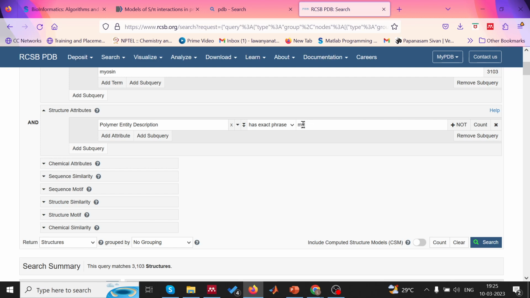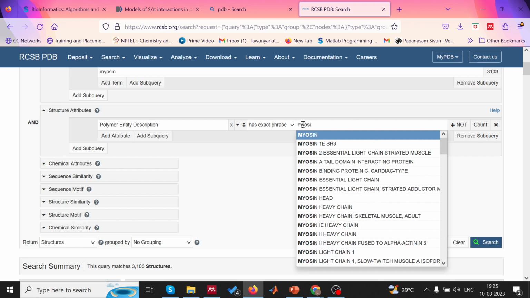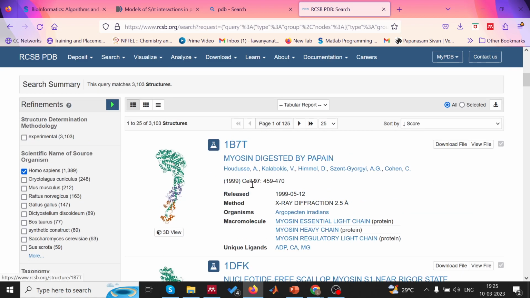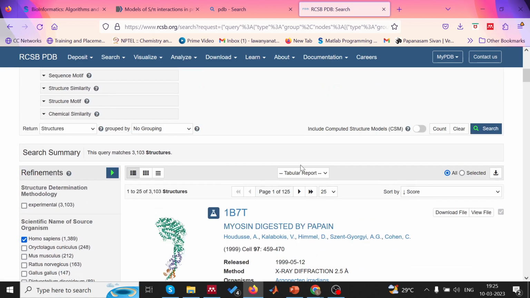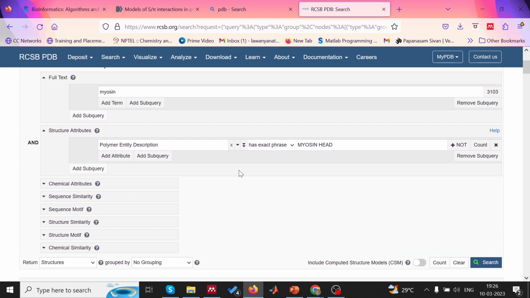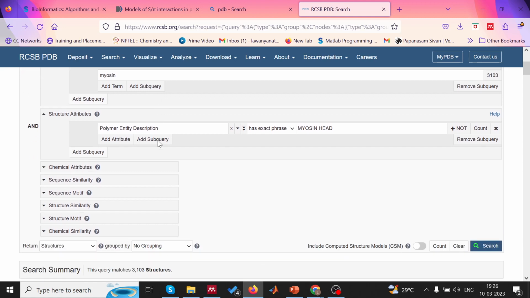Yeah, we could go with, let's go with myosin head. Okay, so you're looking for the exact phrase in the entity description, whatever title is here. When you have 3103 structures, you will not be able to choose, right? If you're looking for something specific, you can use all these advanced search options.